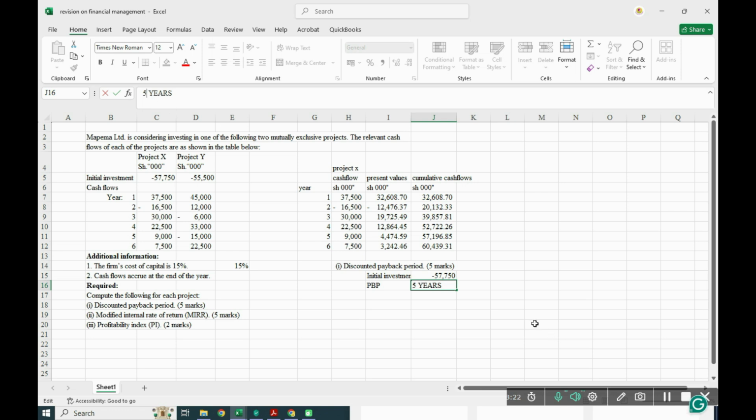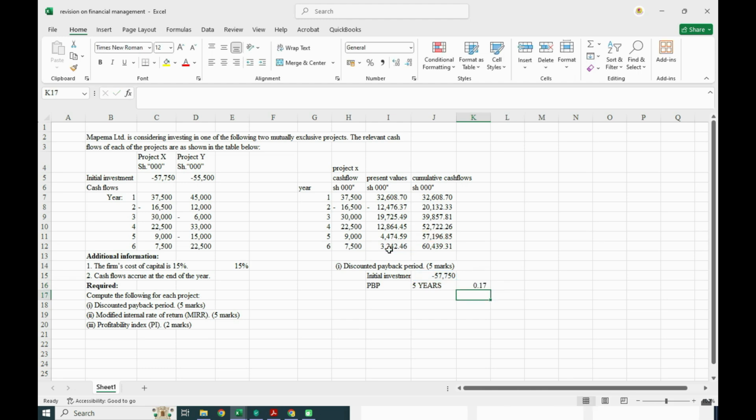Within a period of 5 years, and the number of months now will be this one. I start with the negative, this one, and I minus this one, and I divide now in year 5, year 6 out of this. So 0.17.